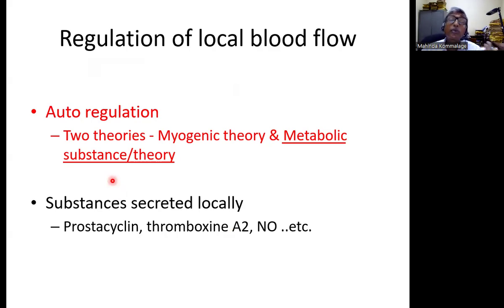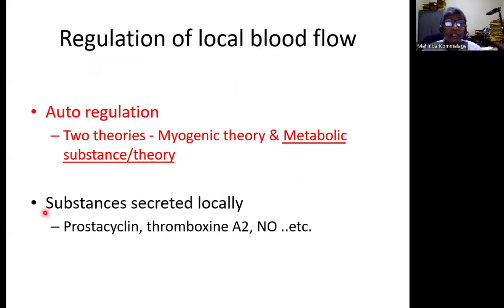You know that we produce a lot of carbon dioxide at the tissue level, right? And we produce H+ with metabolic activity, and carbon dioxide can convert to carbonic acid, and by that way also H+. So we produce a lot of H+ and carbon dioxide locally due to metabolic activity. These metabolites will act as regulators of the blood vessels. So that is the metabolic theory.